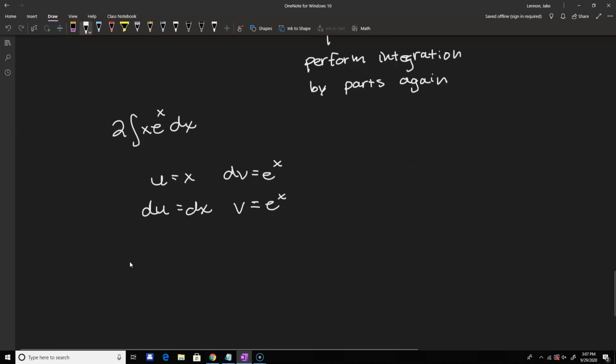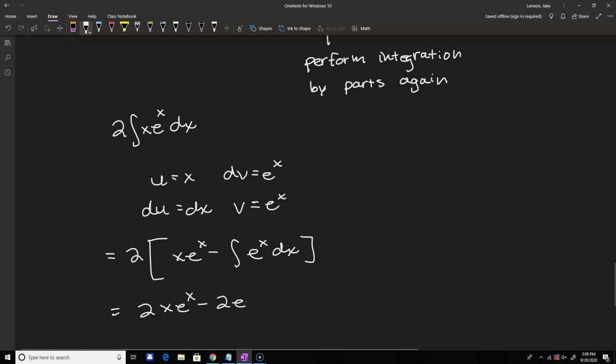So this integral would become, we'd have our 2 times uv, x e to the x, minus the integral of v times du, which in this case is just e to the x dx. So this is really just 2 x e to the x, and then the integral of e to the x is just e to the x, so minus 2 e to the x.